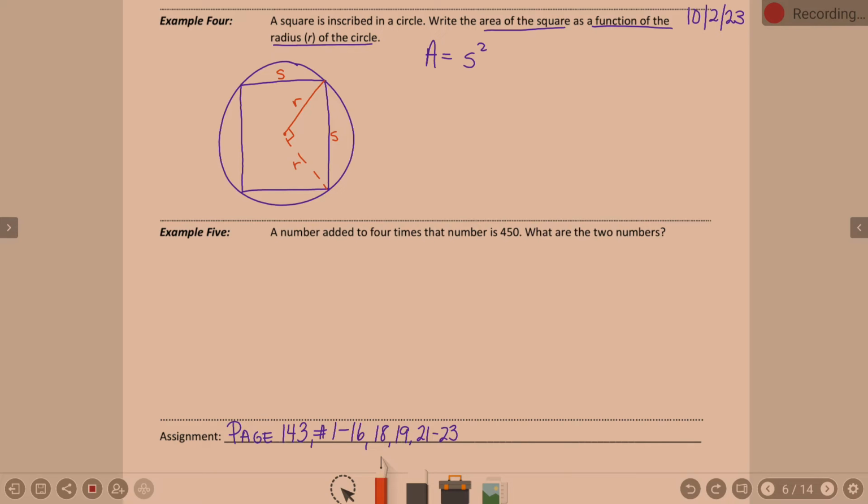That's a 90-degree angle. What equation can I set up here? What connects r, r, and s? It is an isosceles triangle, but this is what type of triangle? A right triangle.